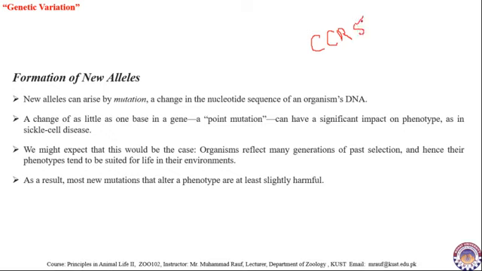Another example of a favorable mutation is the sickle cell condition in African people. This sickle cell condition obviously occurs because of a mutation, but those people are a kind of immune to plasmodium.